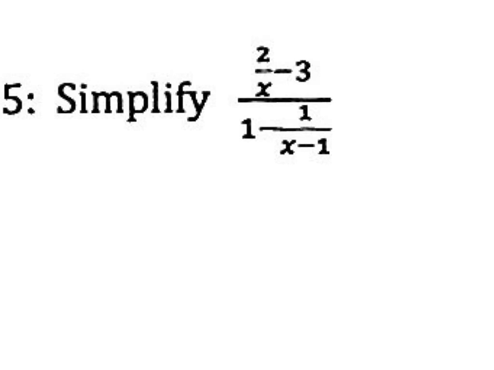Okay. So in the numerator, we want to combine these. Right now, that's 3 over 1. So I need to multiply the second thing by x over x. And so I get 2 minus 3x over x. That's what I have in the first numerator. Divided by, and now down here, I need to multiply by x minus 1 over x minus 1.